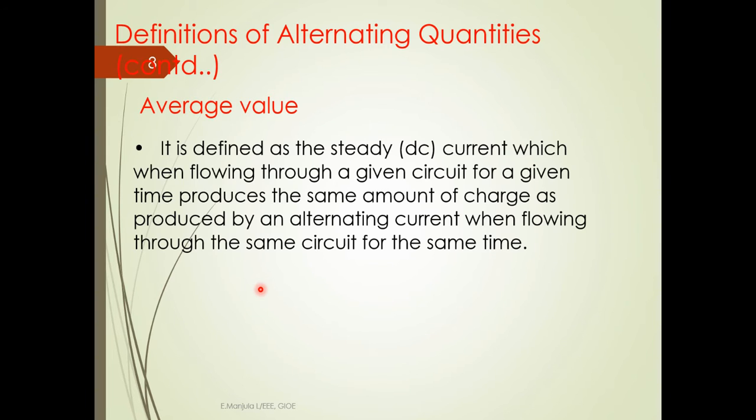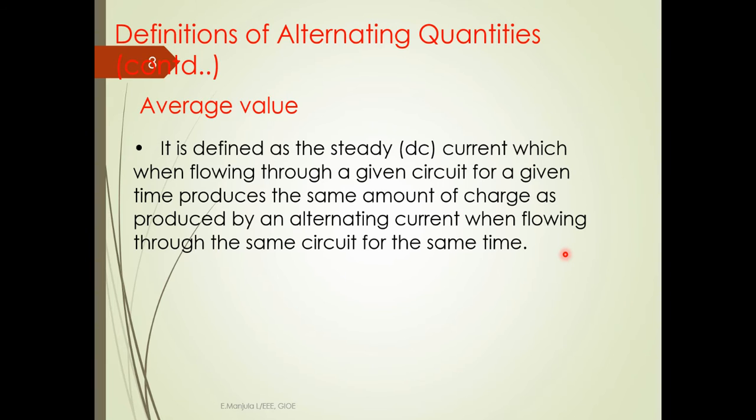Next, average value. What is an average value? We'll see. Okay, it is defined as the steady current or DC current which, when flowing through a given circuit for a given time, produces the same amount of charge as produced by an alternating current when flowing through the same circuit for the same time.